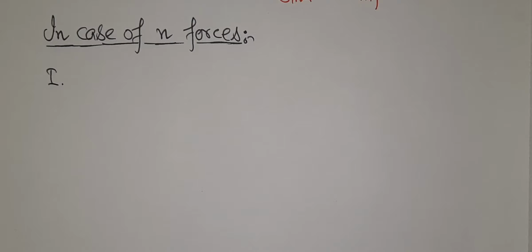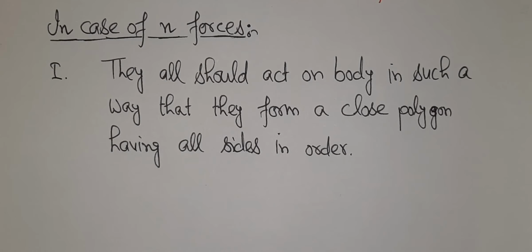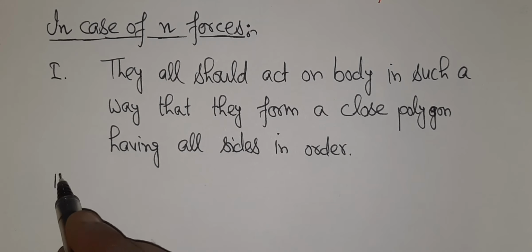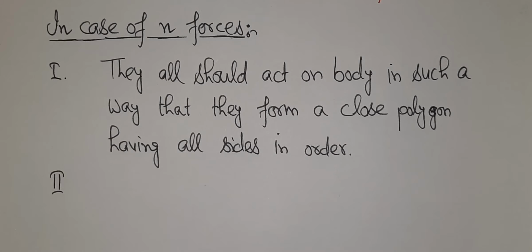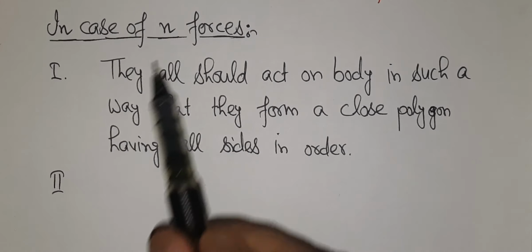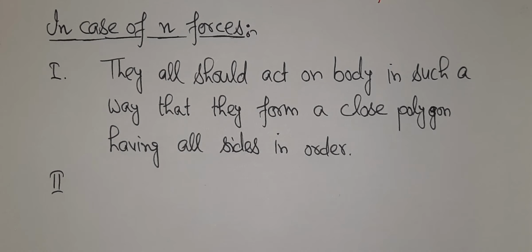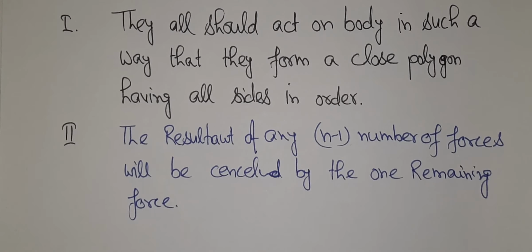First, they should form a closed polygon having all sides in order. And the second thing is that the resultant of n-1 forces is cancelled by the single remaining force. Out of the n forces, you can take any n-1 forces, and their resultant altogether will be cancelled by the single remaining force.